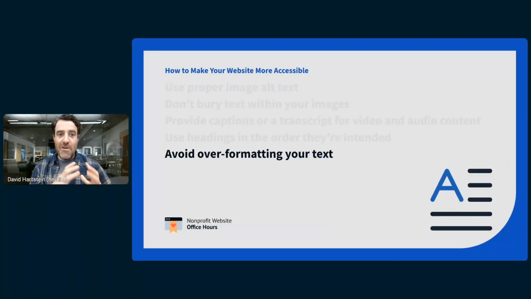All right. So the next one here, avoid over formatting your text. What do we mean by over formatting? We're talking about too much all caps or bold text or italicized text. It's really easy to think that all caps or bolding text is going to be a great way to grab visitors' attention, but it presents a bunch of issues with accessibility.